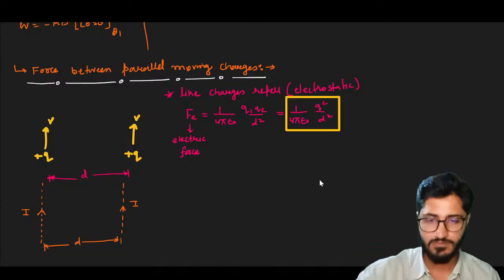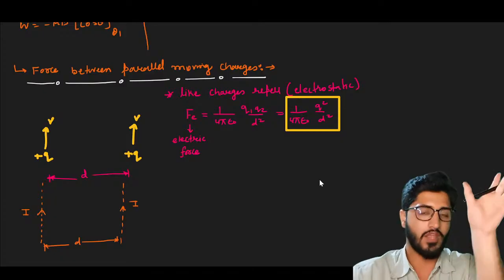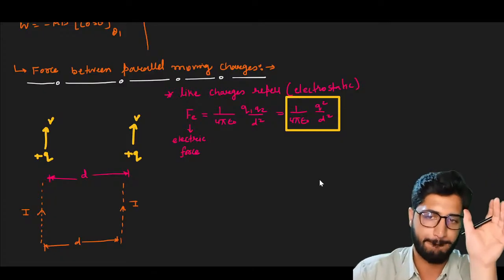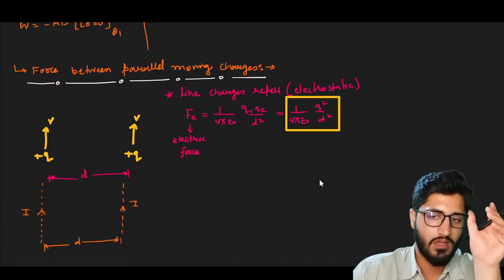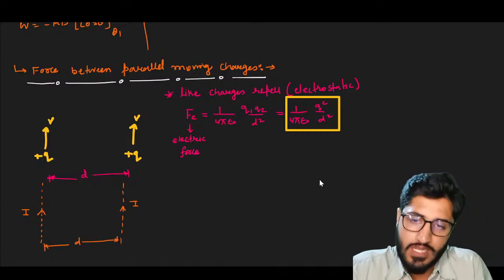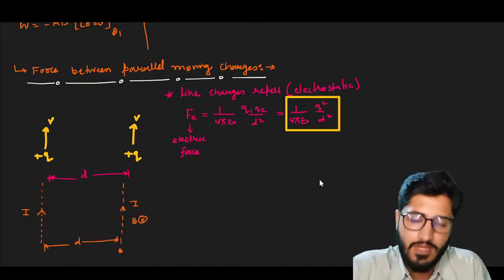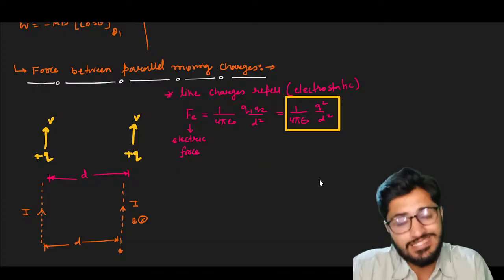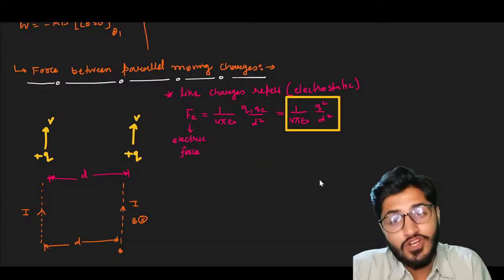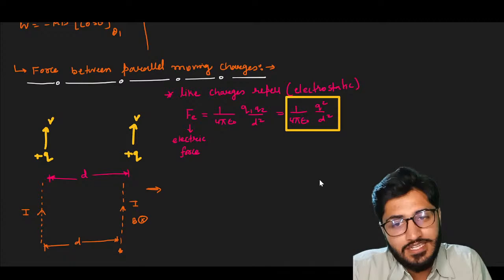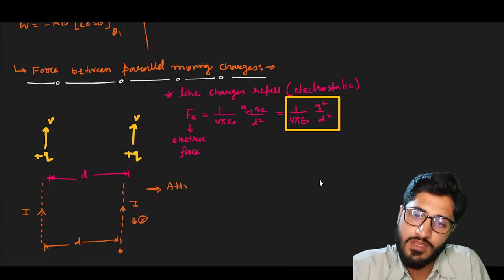Okay. Now look now. Take your right hand. So if we are talking about this one, the magnetic field here will be inside. And if current is going along same direction, I guess it would be attractive force.